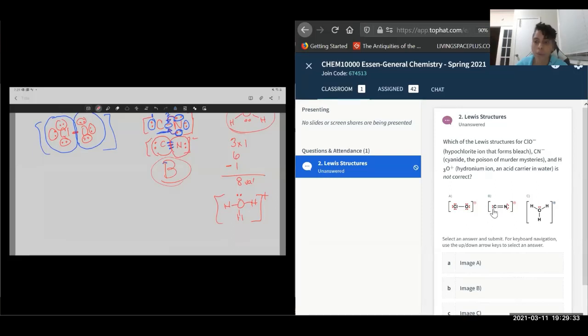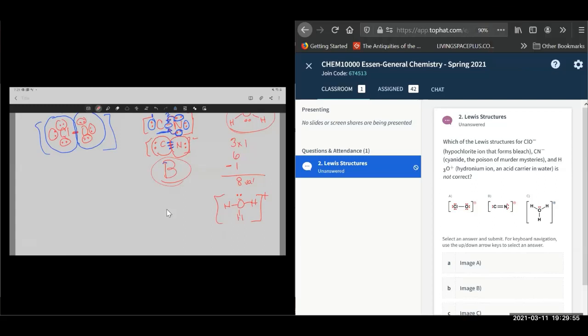The reason why is if we count the number of electrons on carbon, there's 2, 4, 6 electrons on carbon, but there are 8 electrons on nitrogen. So we have to share an additional pair of electrons to give that triple bond. And that's why. Got it? Okay. Yeah, I got it. Thank you.